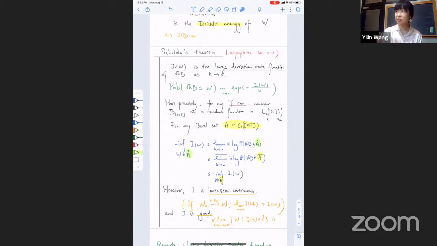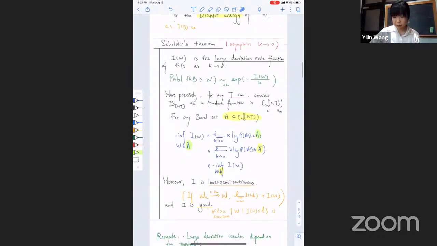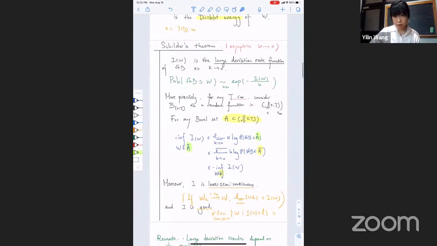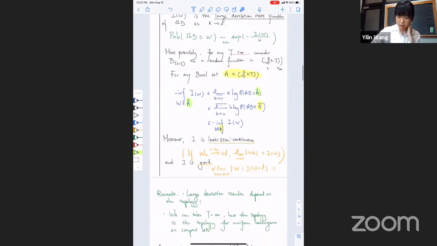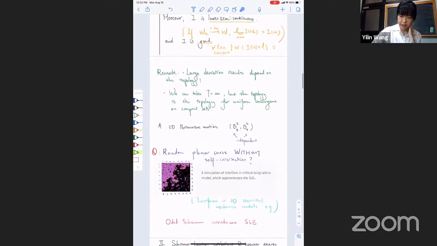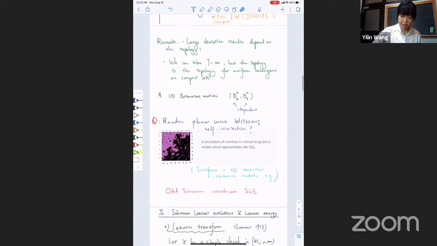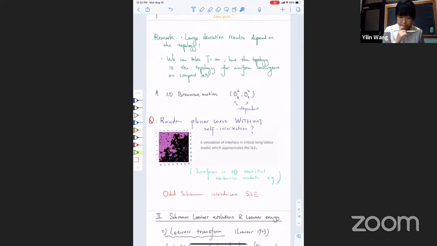If you talk to a functional analyst, they will tell you that Dirichlet energy gives the simplest example of a Sobolev space, W^{1,2}. However, probabilistically, it has a meaning. It comes from a very simple axiom. It will tell you Dirichlet energy plays a special role there. All right. So these are the basics.